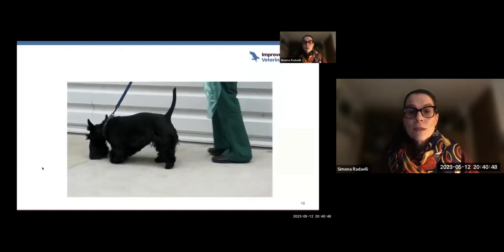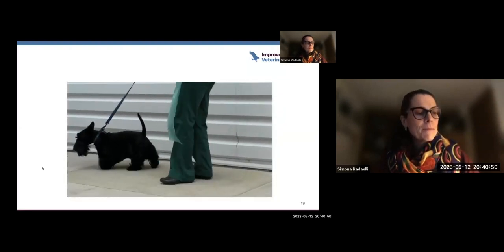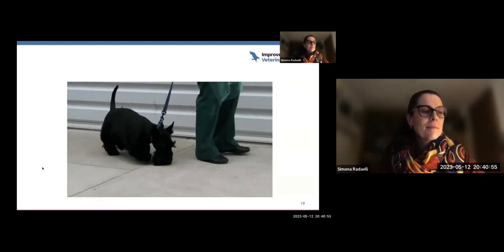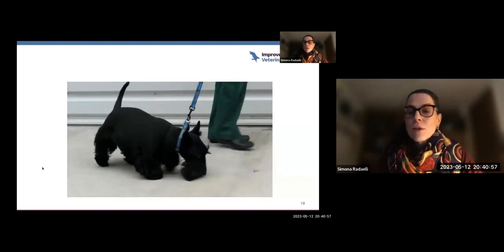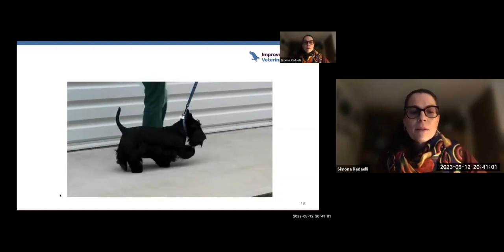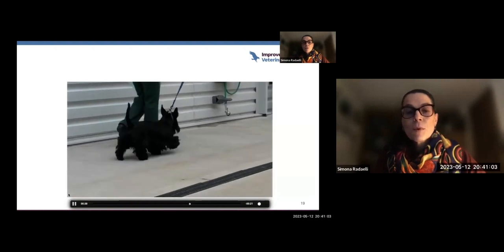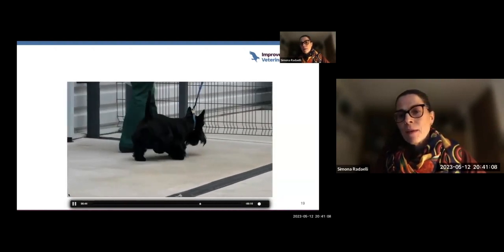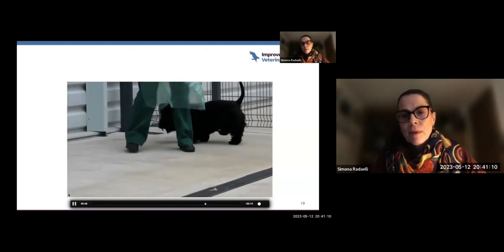Really uncoordinated, as you can see. This dog is having a completely normal quality of life, but it has a totally abnormal gait with dysmetria, hypermetria in all four limbs.